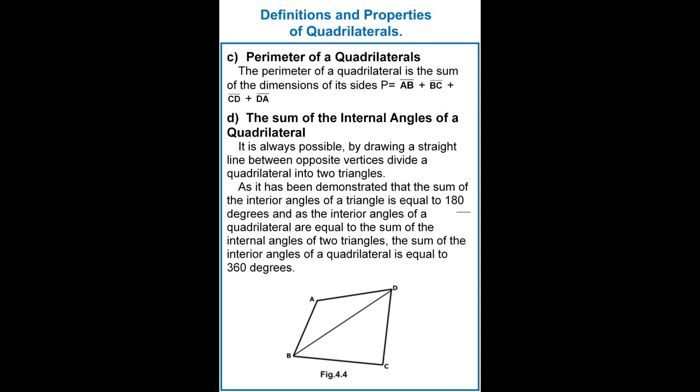The sum of the interior angles of a triangle is 180 degrees, and since the sum of the interior angles of the quadrilateral is equal to the sum of the interior angles of the 2 triangles, the sum of the interior angles of the quadrilateral is equal to twice the sum of the angles of a triangle, which is 360 degrees.